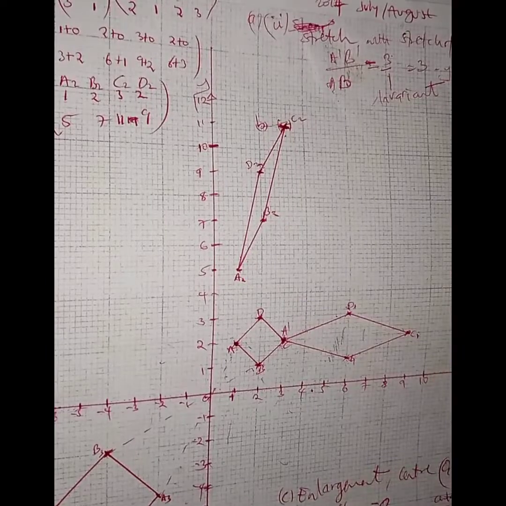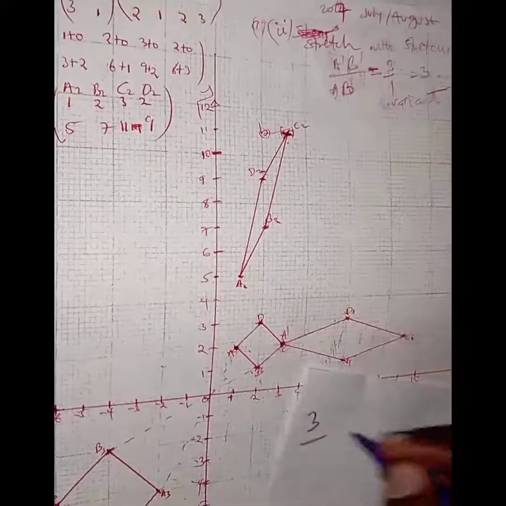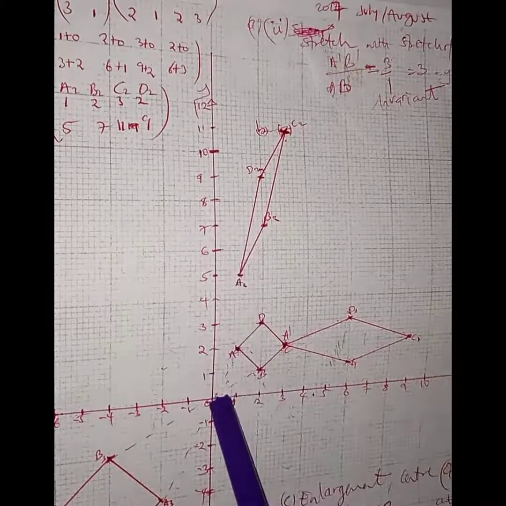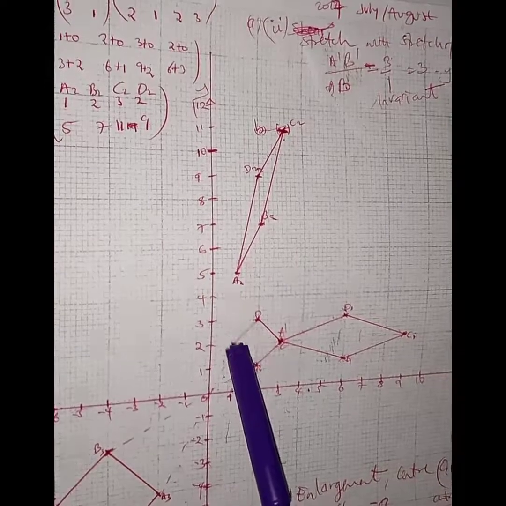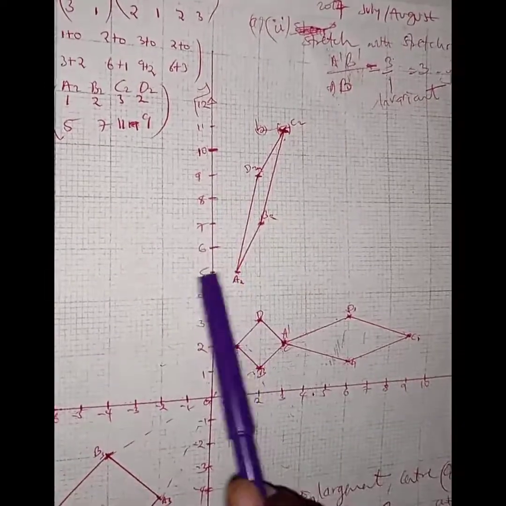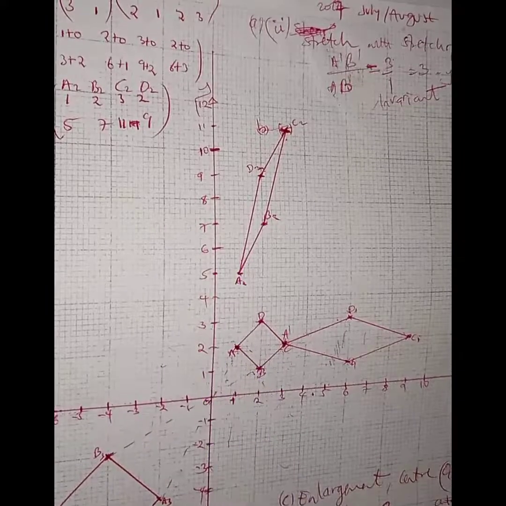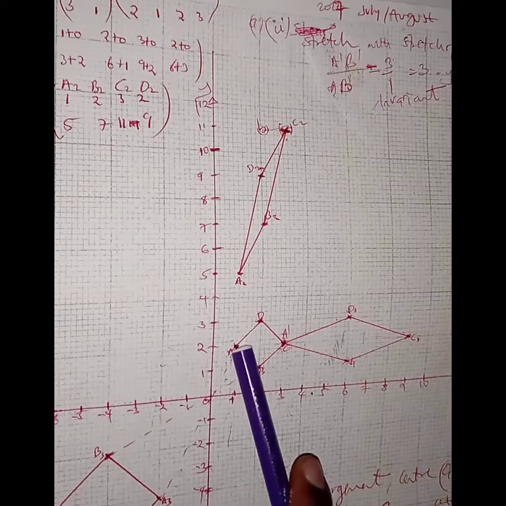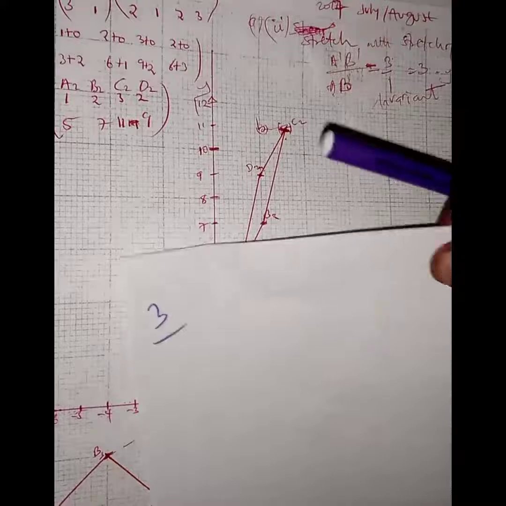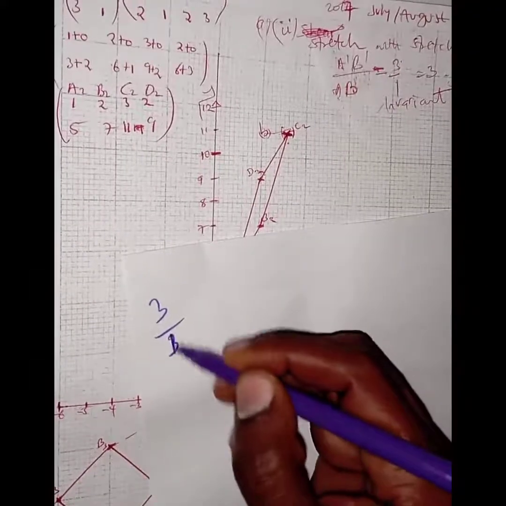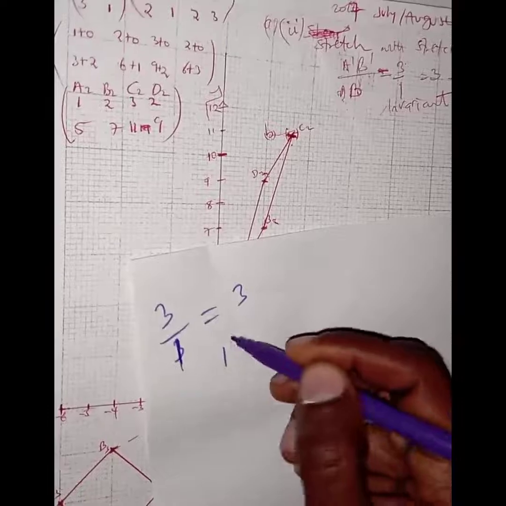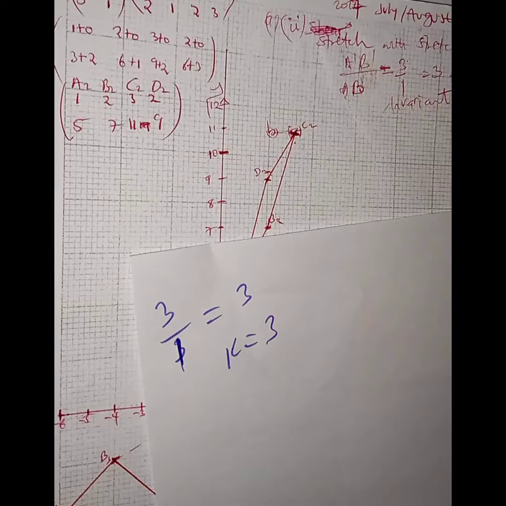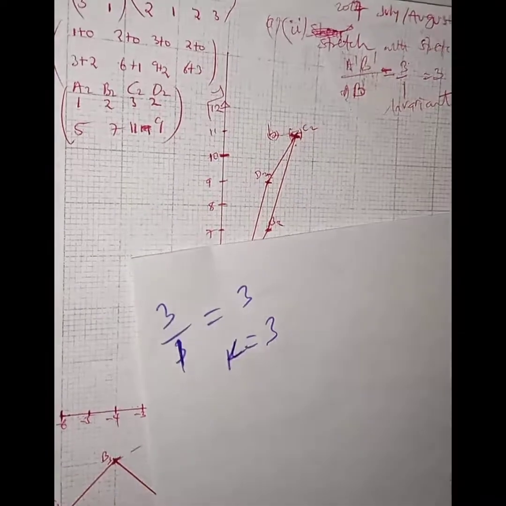So you write 3 over, then from the invariant line to the A object, or from the invariant line to the A image. As you can see, there's just 1 unit. From this to this, if you count, there's just 1 unit. So it will be 3 over 1. So here you can say it is 3. So K, the shear factor, is 3.